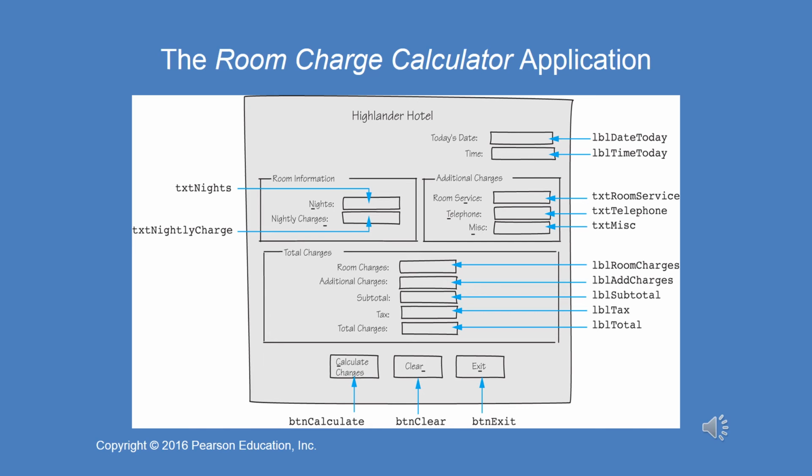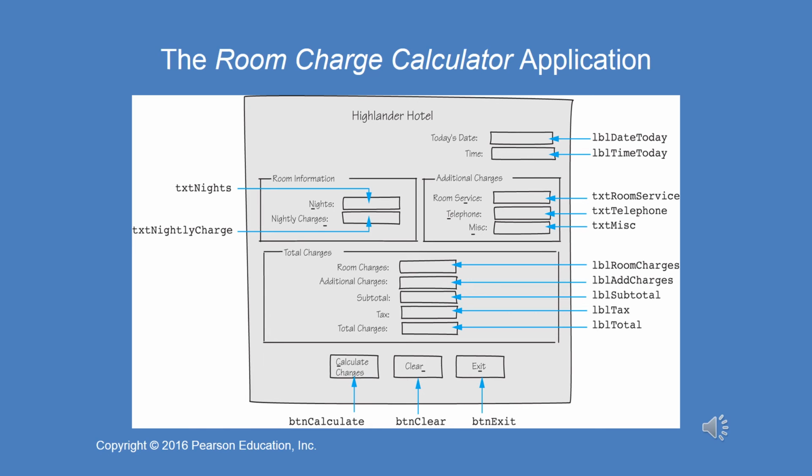But we have the groups of controls on the form. You see text box, text nights, and text nightly charge. You've got labels for today's date and time and the control names that the author suggests you use. You have 3 text boxes for room service, telephone, and miscellaneous.